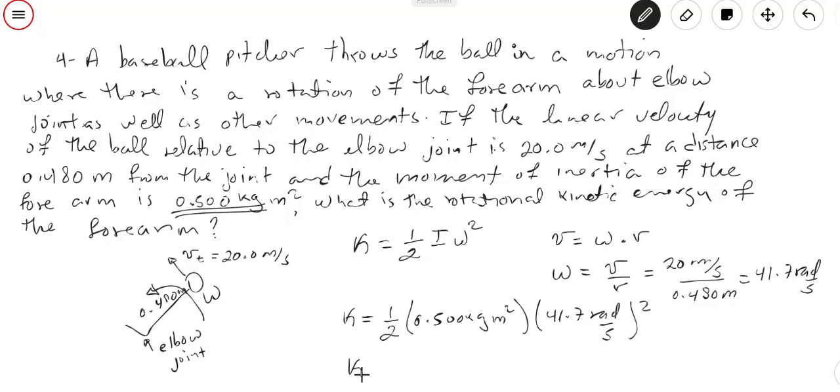And if you do the calculations, you will find that this is approximately 435 joules. So that would be, in this case, the rotational kinetic energy of the forearm.